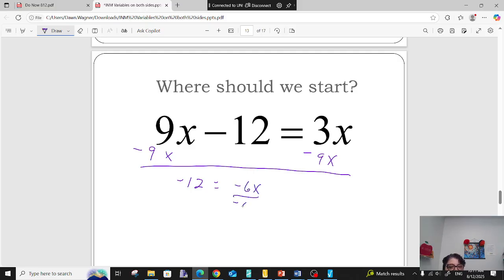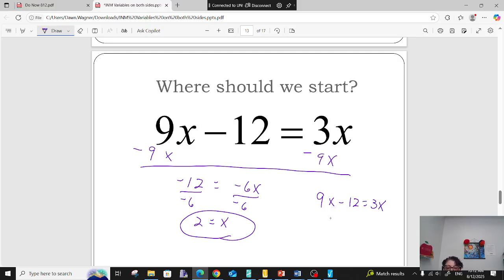You divide by negative 6 and you get x is equal to 2. In this case, it is more efficient to bring the variable to the right side, which is opposite of what we've been doing. Now, if you wanted to keep doing what we've been doing, if you're good with what we just did, you can ignore me.